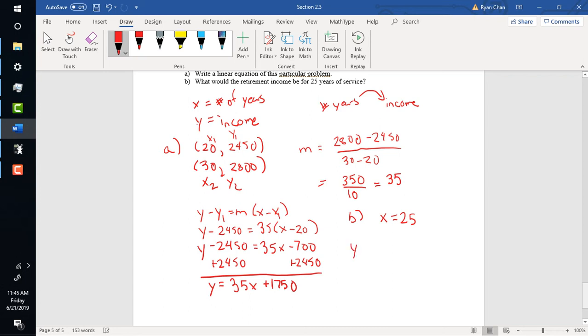So Y is equal to 35 times 25 plus 1750. 35 times 25 is going to be 875, and we'll combine them. This will be $2,625. Make sure you label because we're in the context of a word problem.